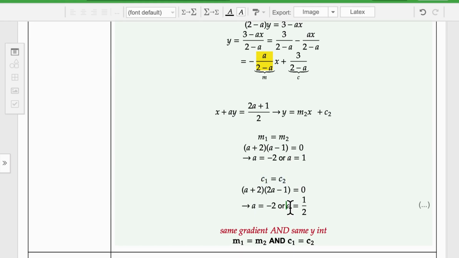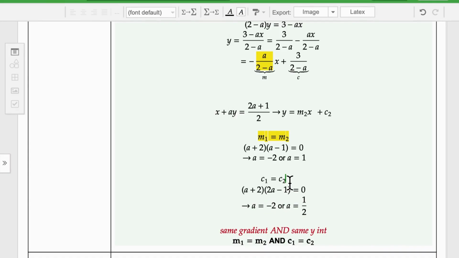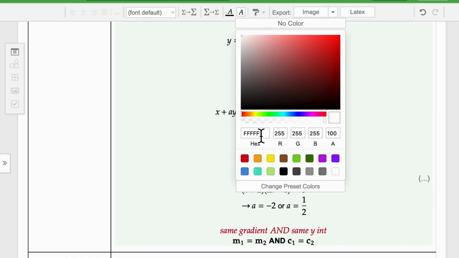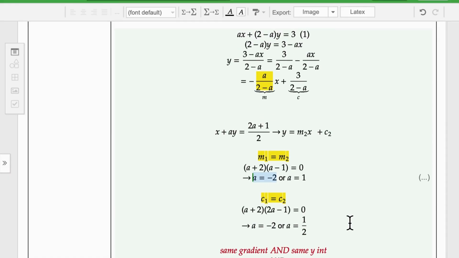Likewise, when a equal to a half, then it can make c1 equal to c2, but it cannot make m1 equal to m2, right? So only the value of a that satisfies both of these equations, you will select that. The value of a that satisfies both of these equations will be a equal to -1. Does it make sense? So the answer for a is -1.